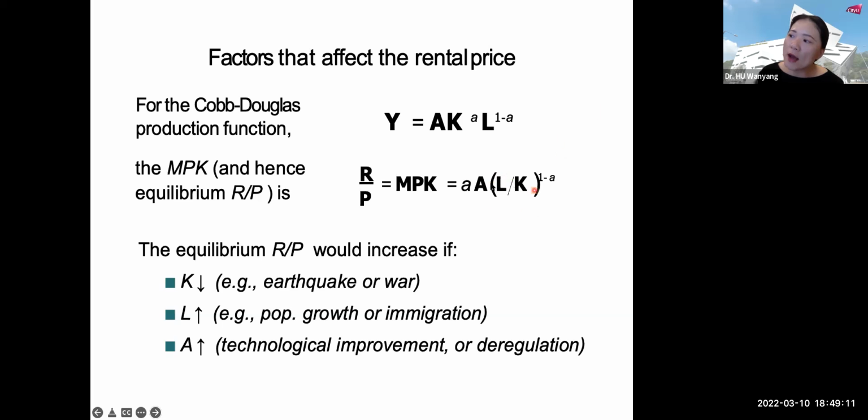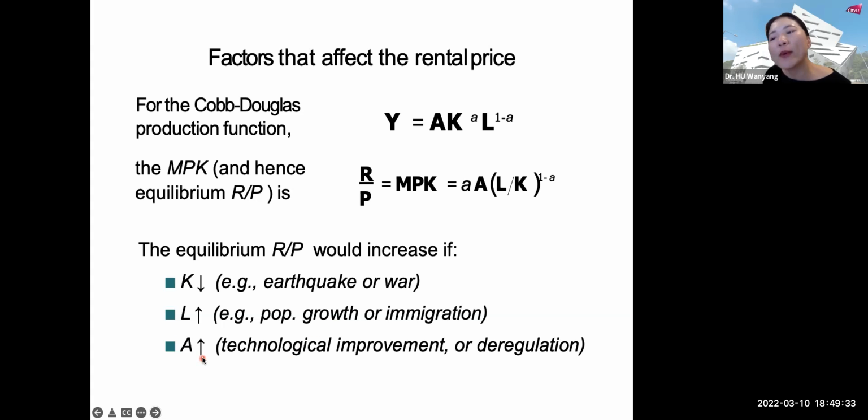Then we see how that affects this component in the formula. So L will increase, then this whole component will increase as a result, right? The result is an increase in the equilibrium rental price, because we have more labor.